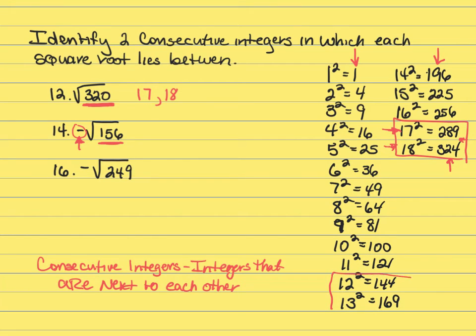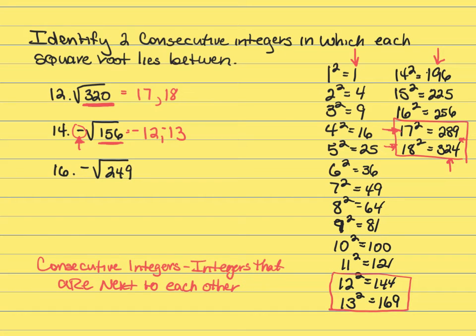So it lies between 12 and 13. So the answer to this is going to be 12 and 13. And you can just stick the negative number on the result when you're done. See how easy that is once we have our chart?